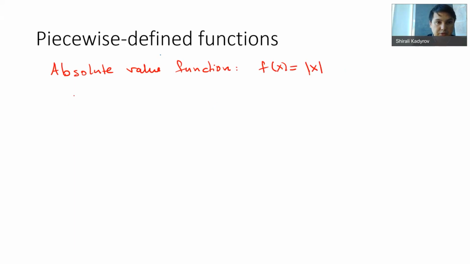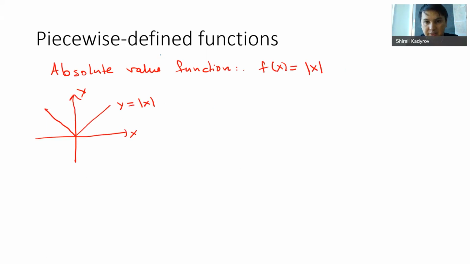You may also know its graph. So the graph looks like this. Here's the graph. So we sometimes write y is equal to |x|, right? So this is the graph. But how can you represent it differently, if you don't want to use this modulus symbol?